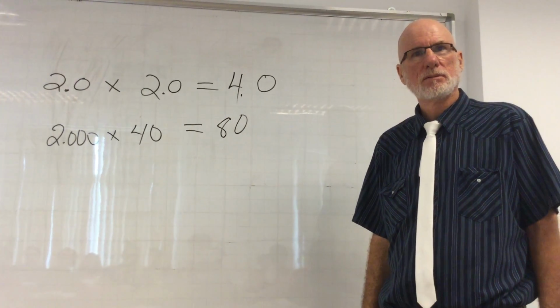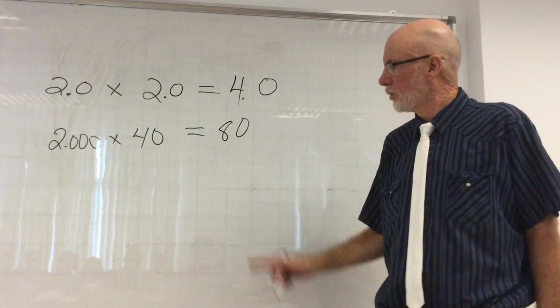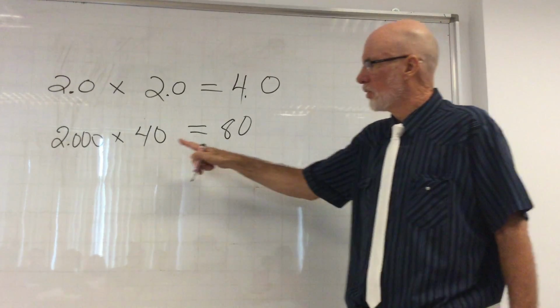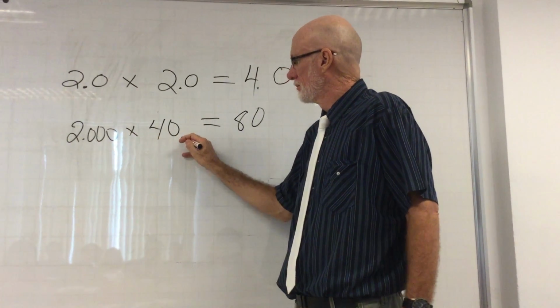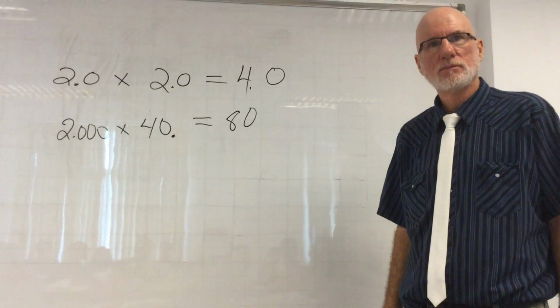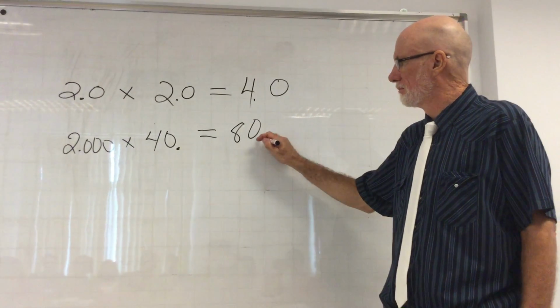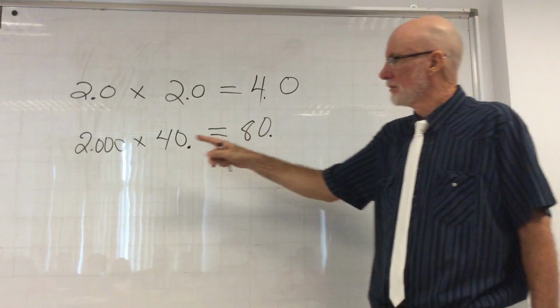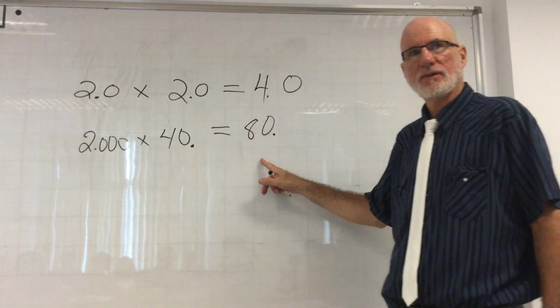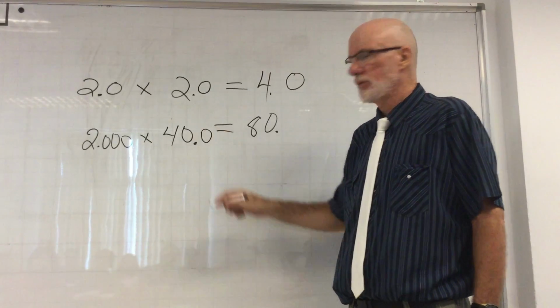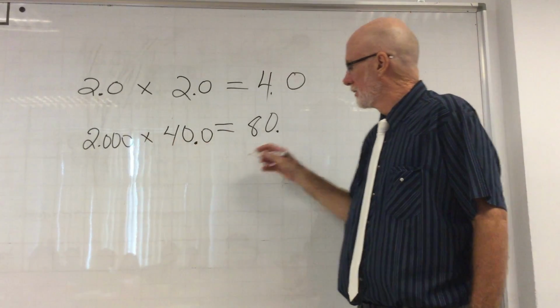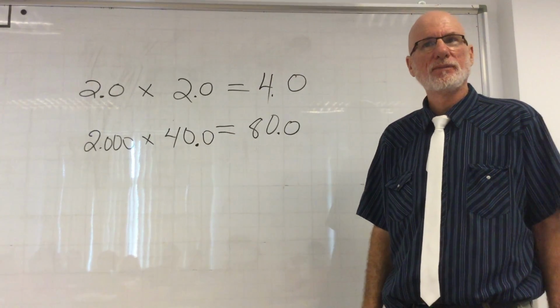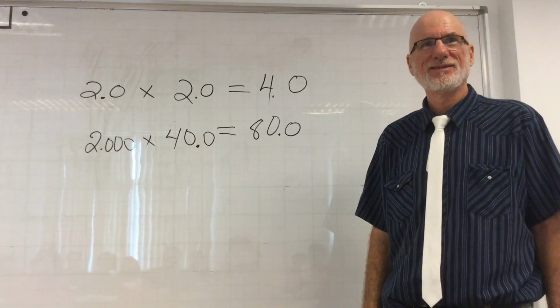One significant figure. 1 here, 4 here. No, just 2. 4 here, 2 here, I have to have 2 here. 3 there, 4 here, I have to put 3. I know, weird, huh?